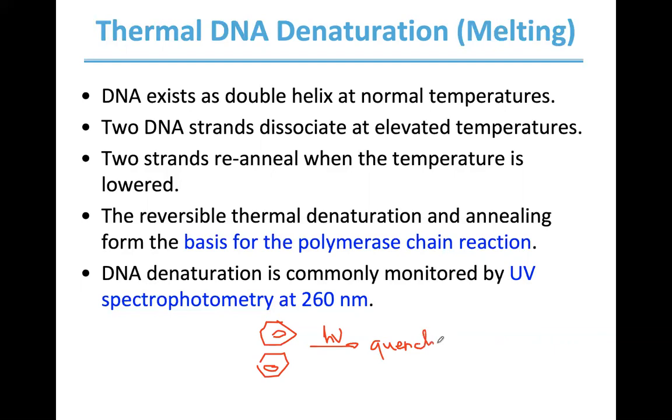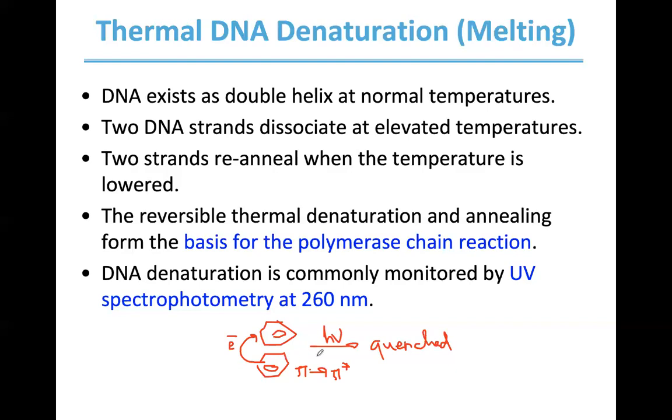And it's quenched because, let's say this pi system goes to pi star, but then an electron will be transferred from here to there, which will quench this pi star. So this other pi system, when it's stacked upon another one, they can quench each other, and so the absorbance will be lower because of that.